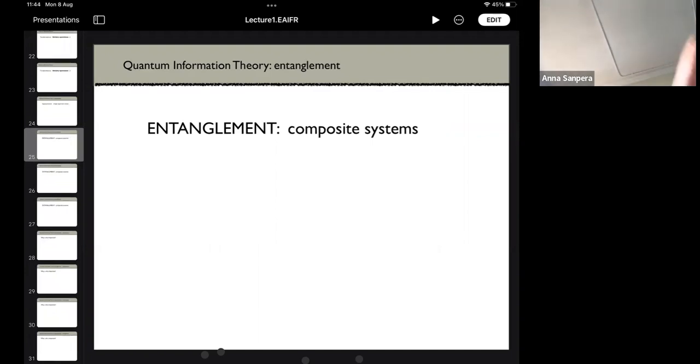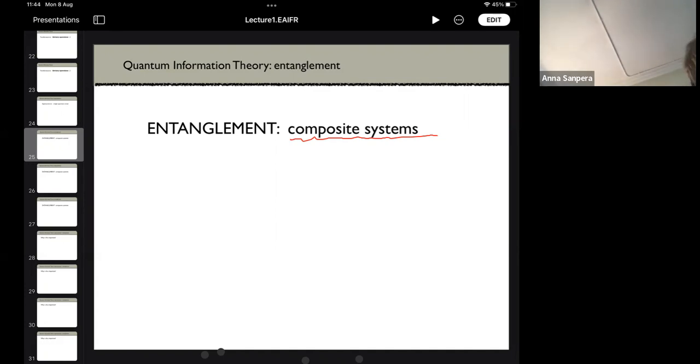These are correlations between composite systems. And to see these correlations, well, we can see how we can do it. It's very simple. So let's first understand what this entanglement means.